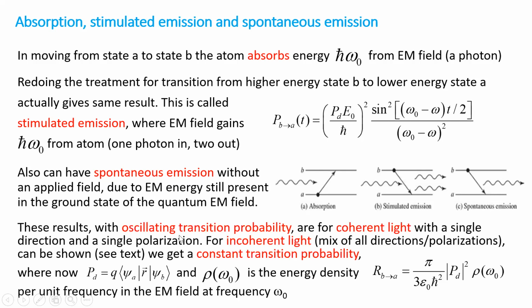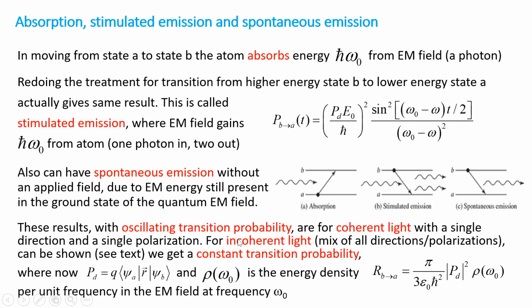Okay, so these results, which, if you look again at this expression here, have an oscillating transition probability, right? Sine squared of this oscillates in time, as we talked about just a minute ago. They are for coherent light with a single direction and a single polarization.